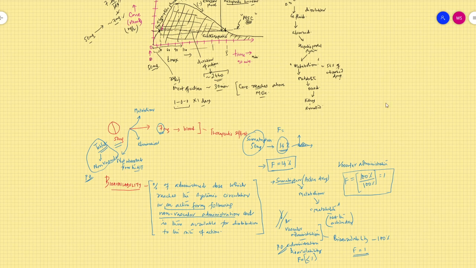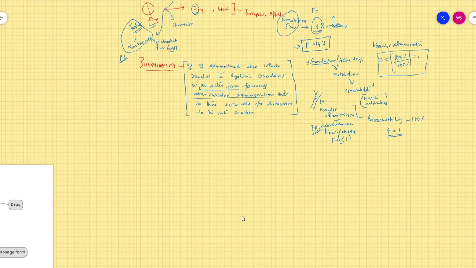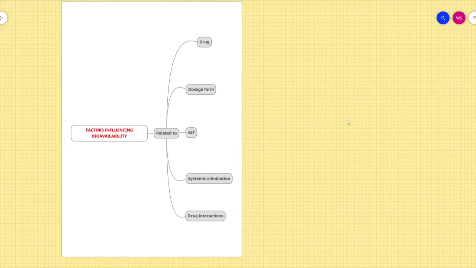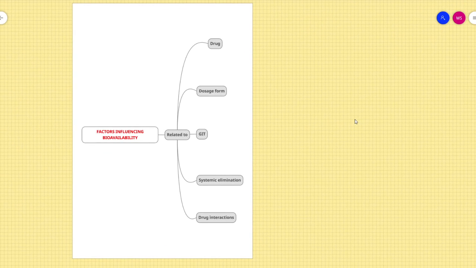Let us now look at the factors affecting bioavailability. The factors influencing bioavailability can be classified as being related to the drug, the dosage form, the conditions in the GIT, the gastrointestinal tract, the systemic elimination, which is the first pass metabolism.